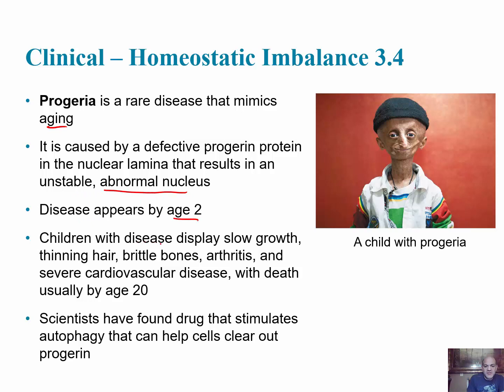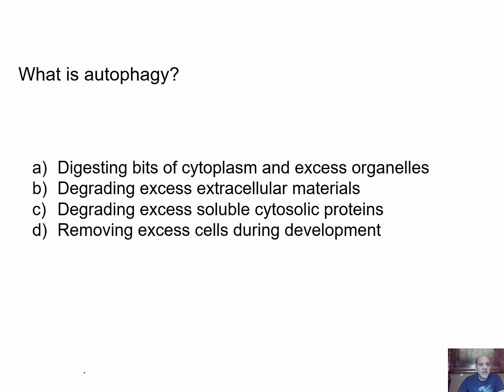Children with the disease display slow growth, thinning hair, brittle bones, arthritis, severe cardiovascular disease, and death, usually by age 20. Scientists have found a drug that stimulates autophagy that can help cells clear out that progerin. I don't know what effect this has, perhaps slowing the progression of the disease.